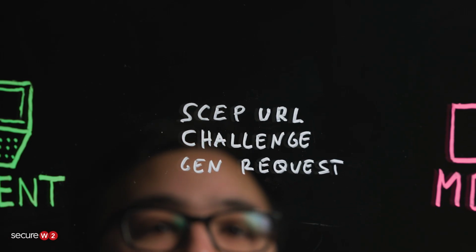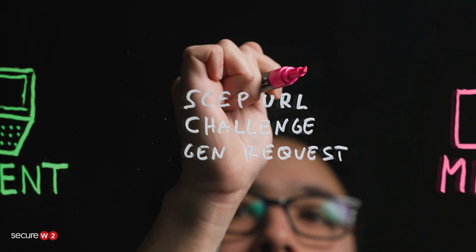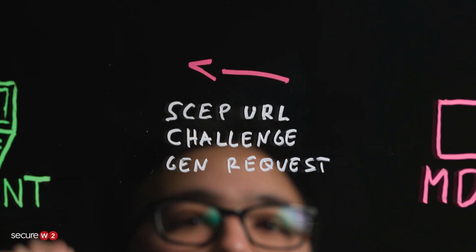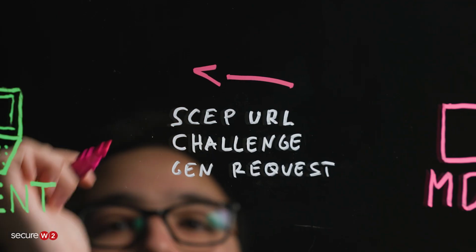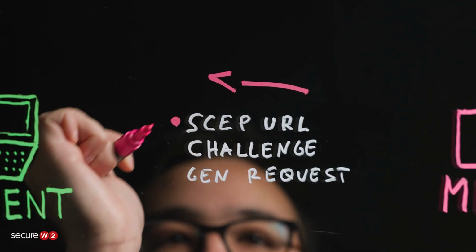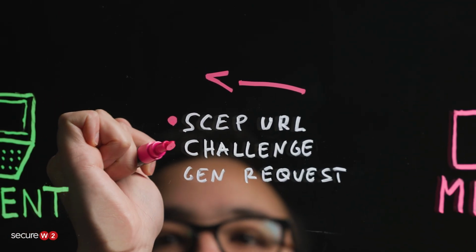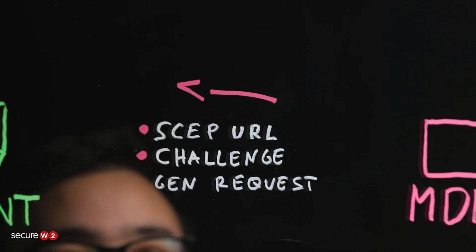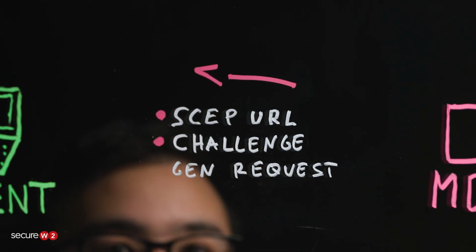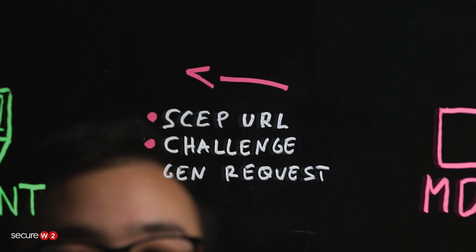So for generic SCEP, we're going to start off with the MDM sending a SCEP profile, and that SCEP profile is going to contain a SCEP URL and a challenge or a token, and that's going to be the same for every single device.